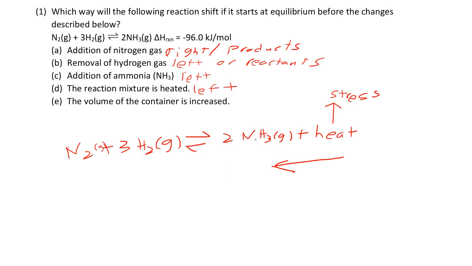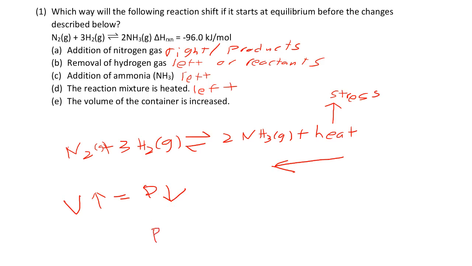Now finally, the volume of the container is increased. Remember that if volume goes up, back from our PV equals nRT in 1211, that means pressure is going to go down. So we want to try to undo this decrease in pressure. To do that, we adjust how many moles are present.